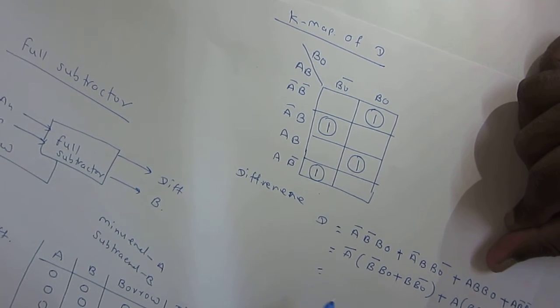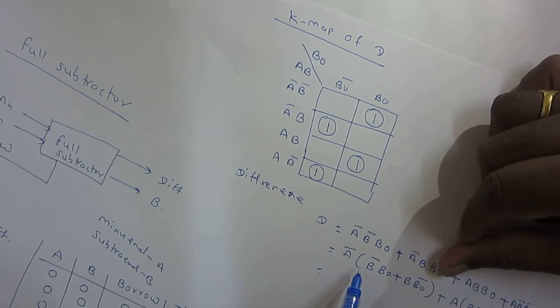It seems there will be an XOR gate between A and this combination.